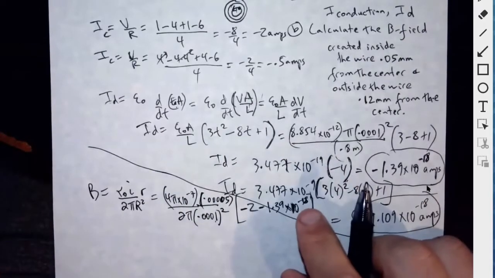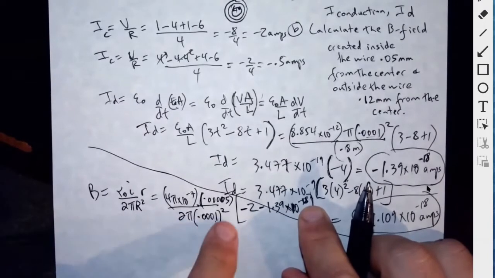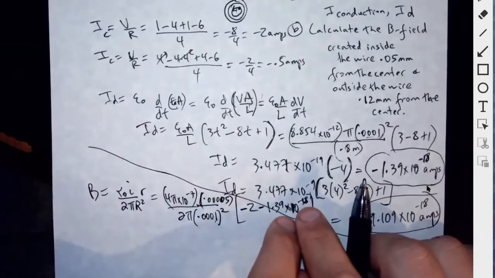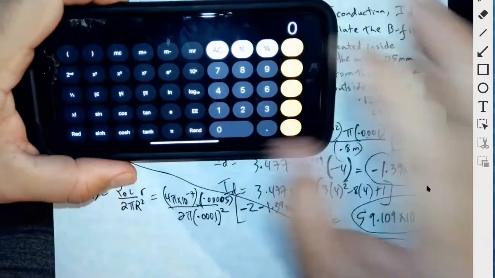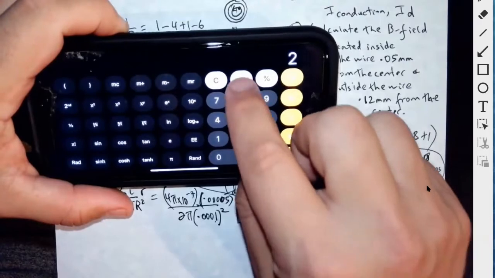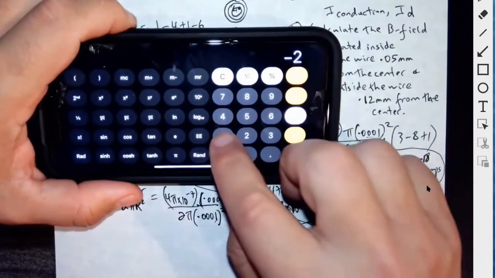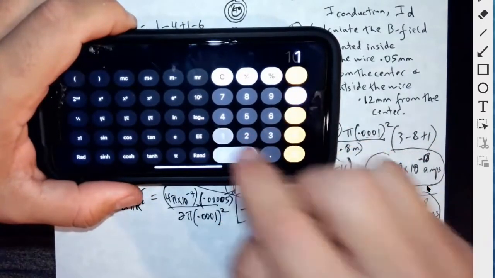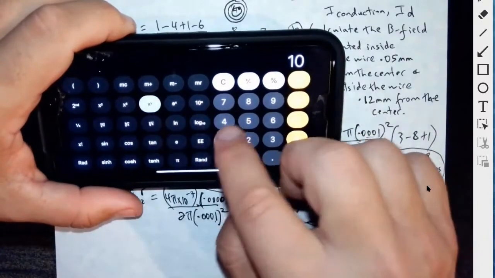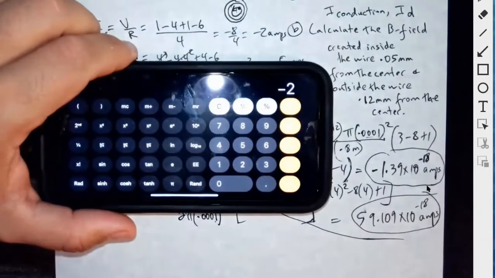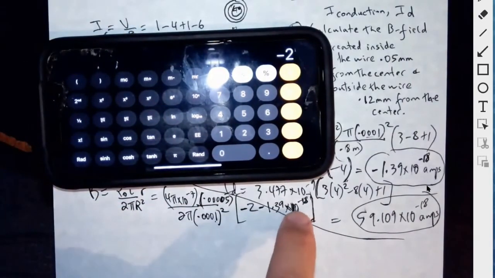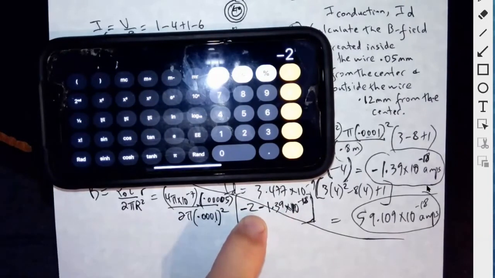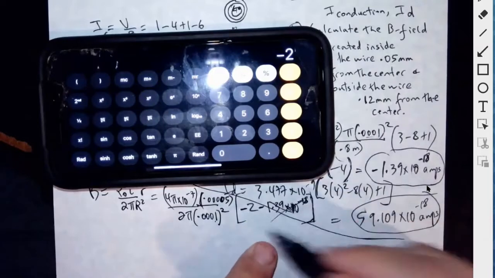When you do this on your calculator, it's just going to tell you it's -2. In other words, this hardly affects this. It doesn't have enough power to compute that because this is so small compared to the actual current, so it disappears.